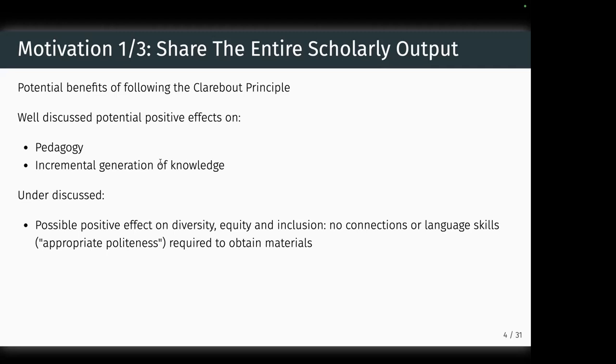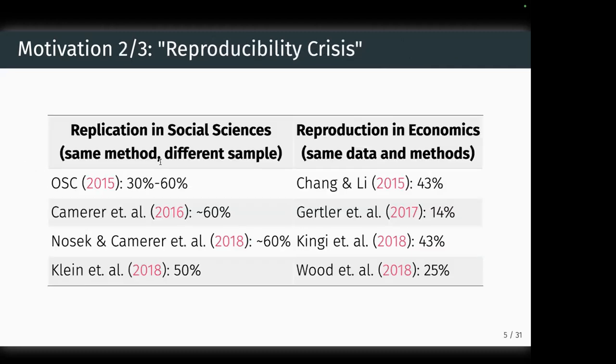When we prioritize computational reproducibility from the start, we don't put the burden on the researcher who's trying to reproduce. We put the burden on the researcher who's generating the work. That's a different angle that I wanted to share with you as a motivation for this.